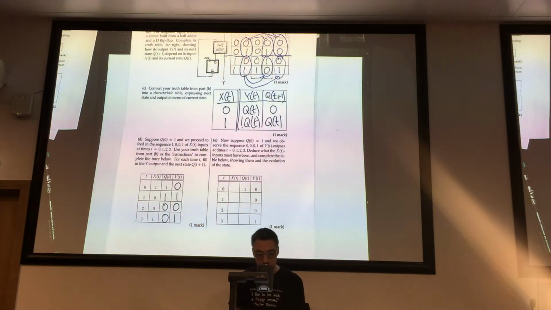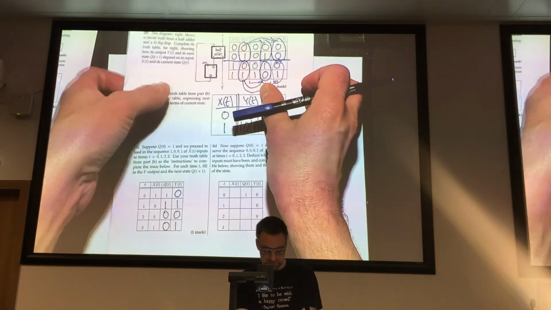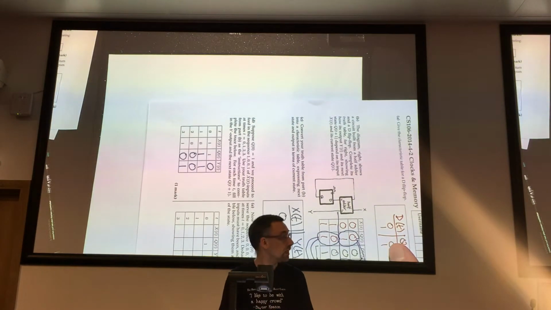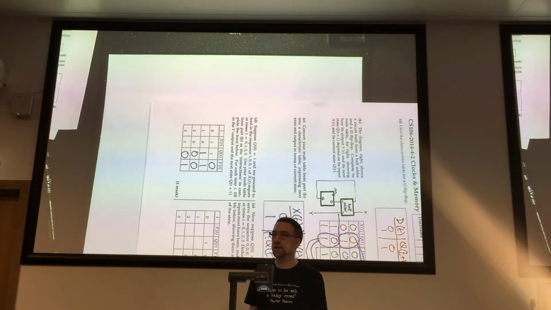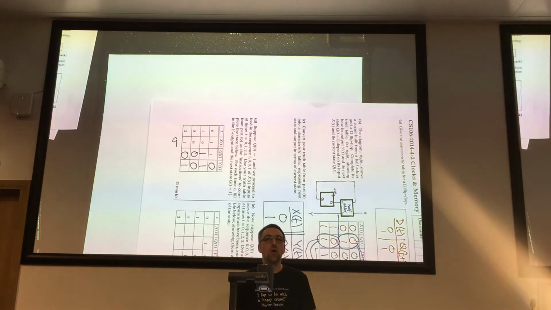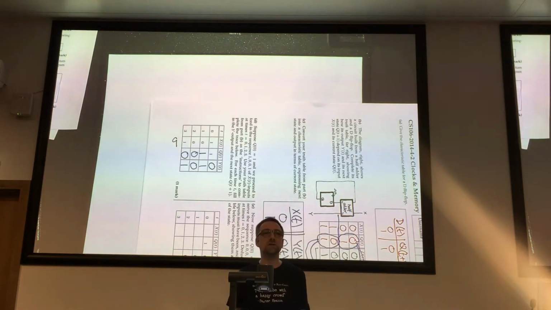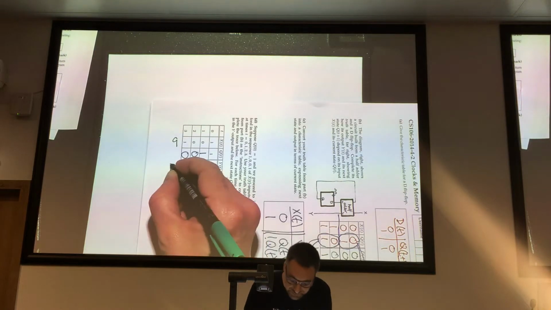Okay, so what's going on? If I turn the page sideways, what number did we send in on the x input? Yeah, that's 9. What number came out on the y output? 10.